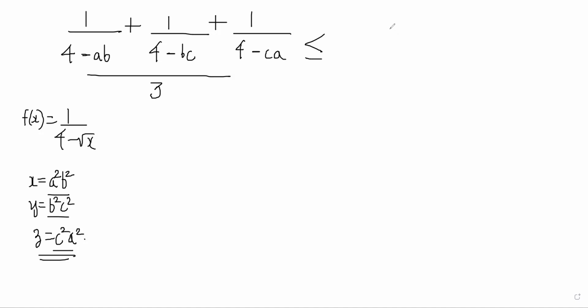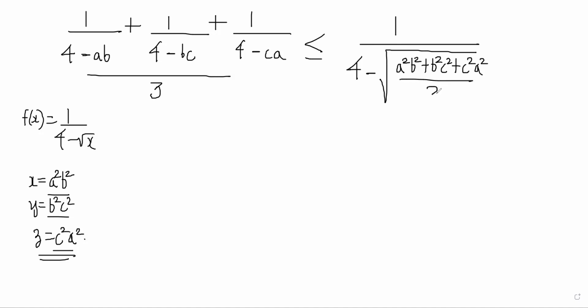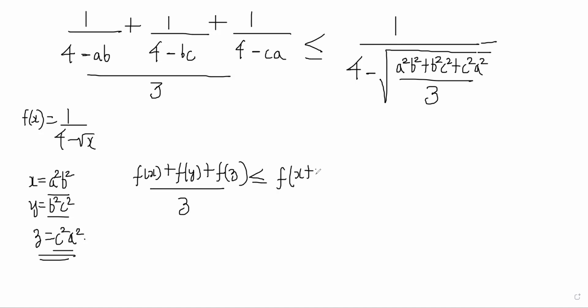So this will be less than equal to f of that, that is 1 by (4 minus root over (a square b square plus b square c square plus c square a square) by 3). This is what is coming because I am saying f of x plus f of y plus f of z by 3 is less than equal to f of (x plus y plus z) by 3 for a concave function, right?